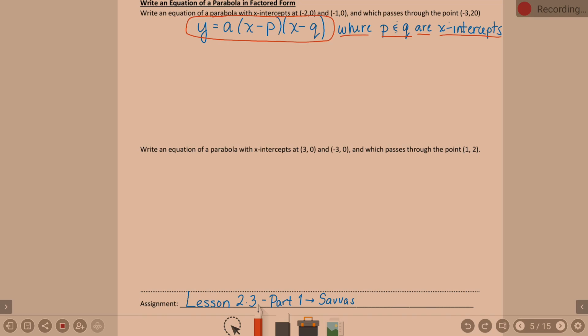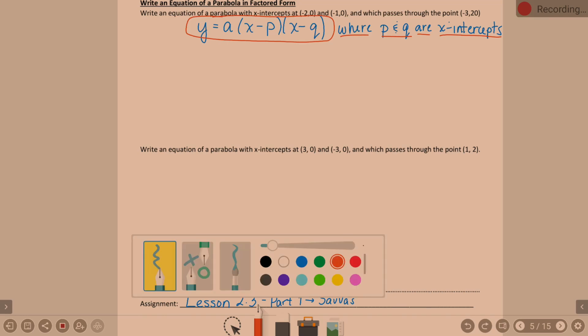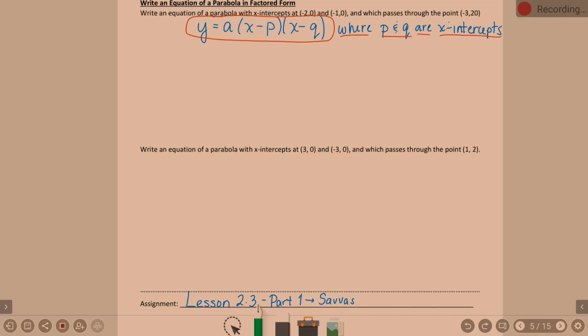Now, in our particular problem, it specifically says with x-intercepts of -2 and -1. Where can I put those into the equation? P and Q. Those are going to go in for P and Q. It doesn't matter which is P and which is Q. So let's write out what our equation looks like right now.